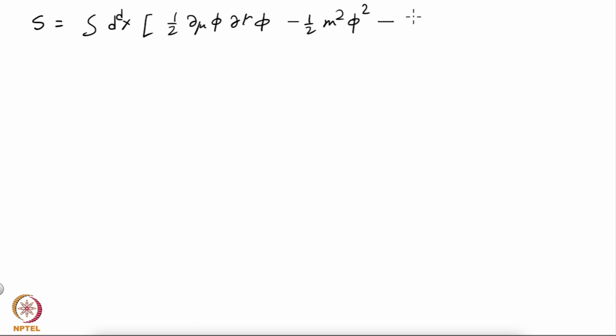My action becomes the integral d^4x of half del mu phi squared, minus half m squared phi squared, minus mu to the 2 epsilon lambda over 4 factorial phi to the 4. That's the action with which I want to work. And remember, lambda is dimensionless now.